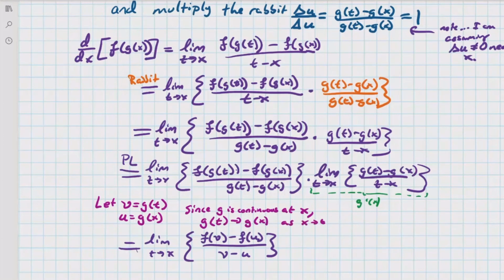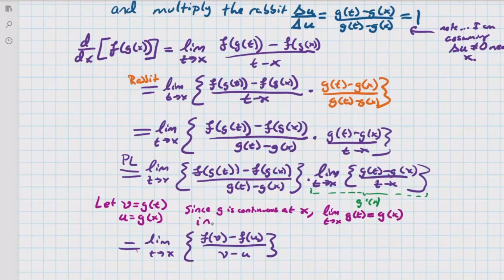Right? In other words, the limit as t goes to x, I'm sorry, the limit as t goes to x of g of t equals g of x.